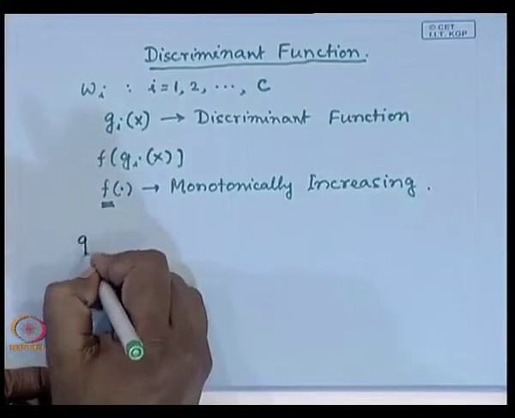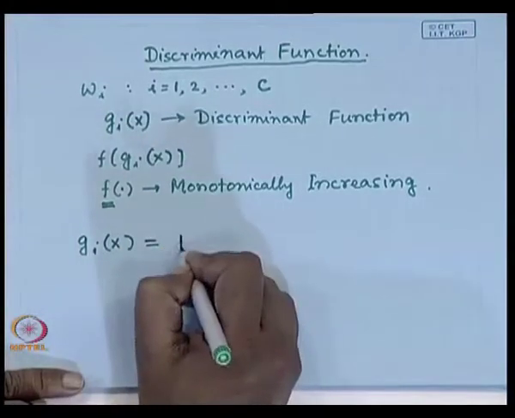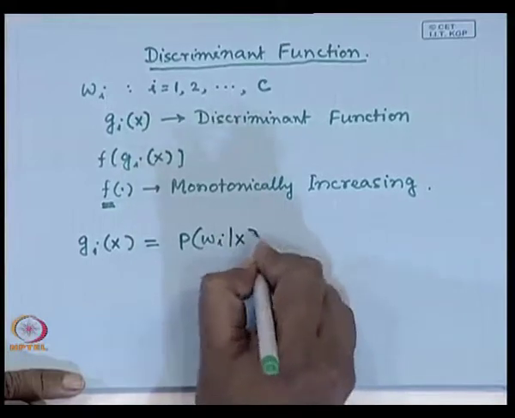Okay. So, coming to this particular case of Bayes minimum risk classifier or minimum error rate classifier, where we have said that our g I x can be the a posteriori probability p of omega I given x. Okay.